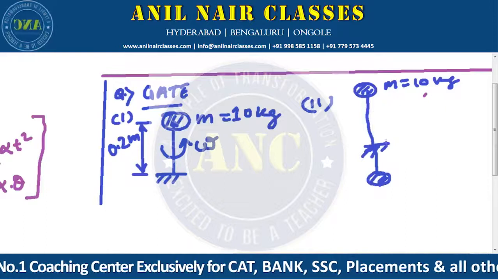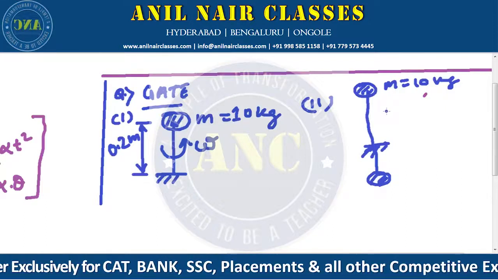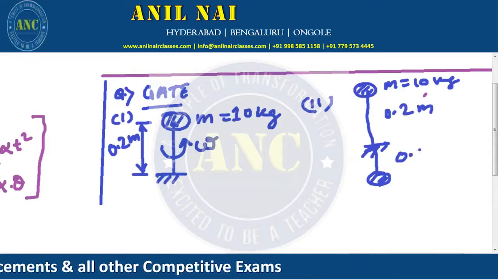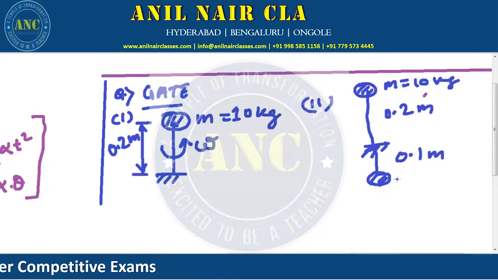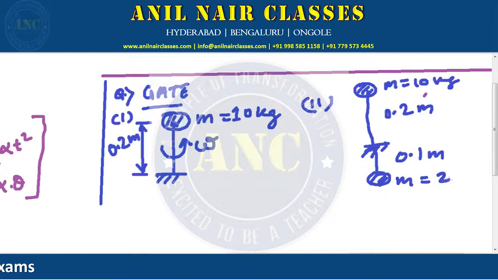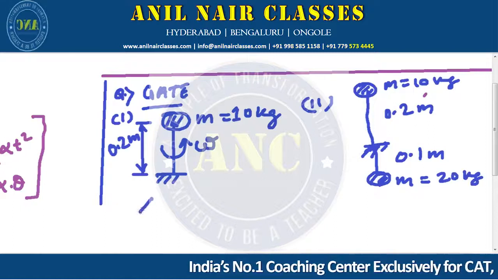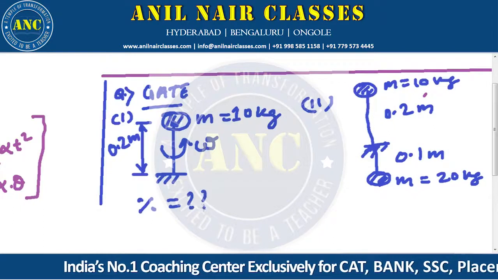The distance from here to here is 0.2 meters, and from here to here it is 0.1 meter, and the mass of this is 20 kg. The question is asking the percentage increase.